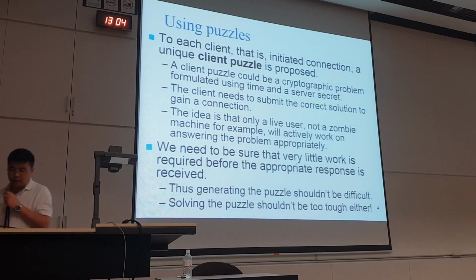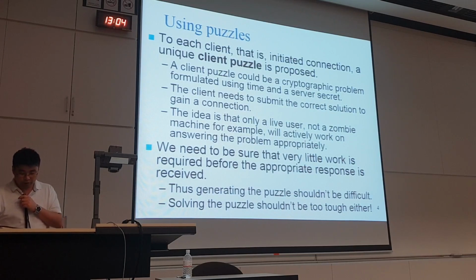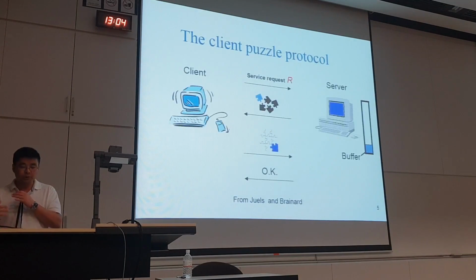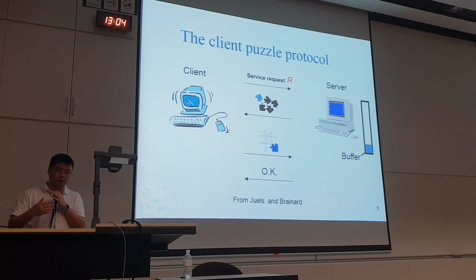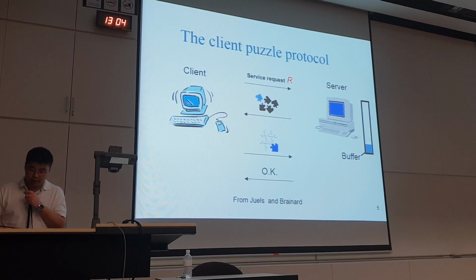So we need to make sure the generation and the verification of the solution for the client puzzle must be very quick, very efficient, right? And for the normal user, you should not require the user to perform a lot of work, just a small amount of work. But for the attacker, if the attacker wants to send a lot of requests, then the attacker needs to do a huge amount of work. So that's the requirement for designing a client puzzle.